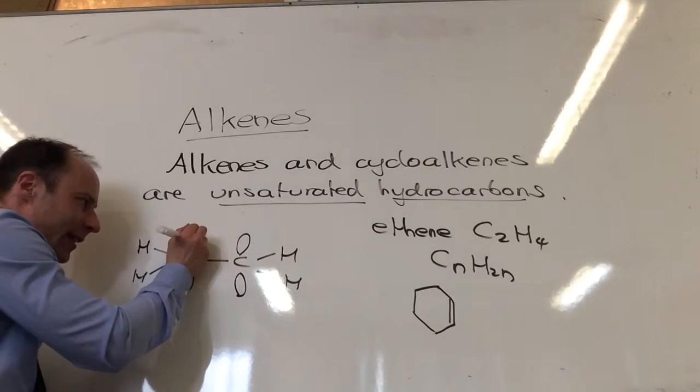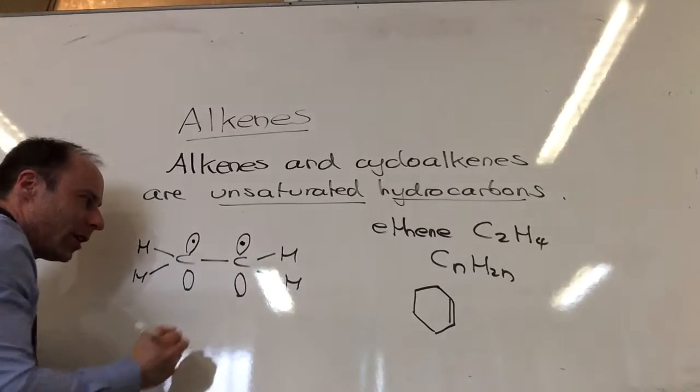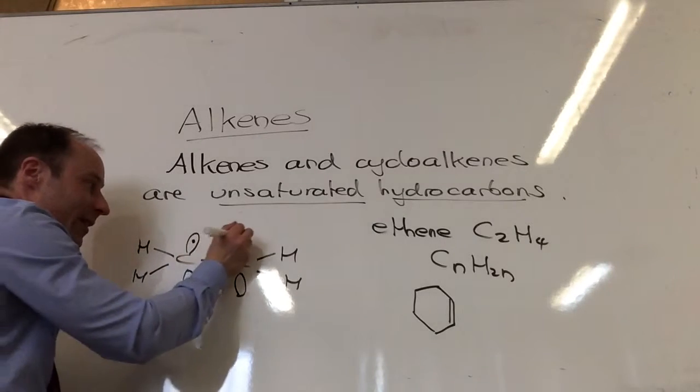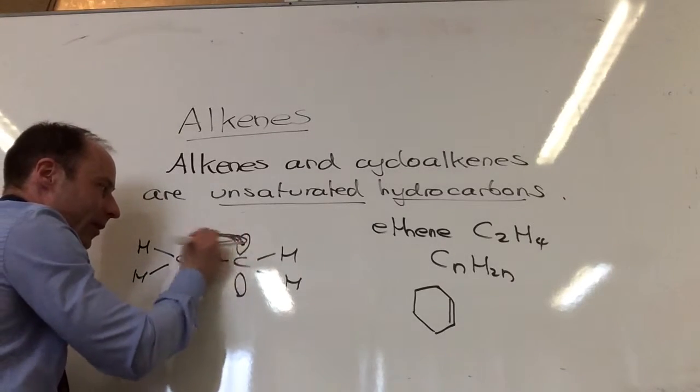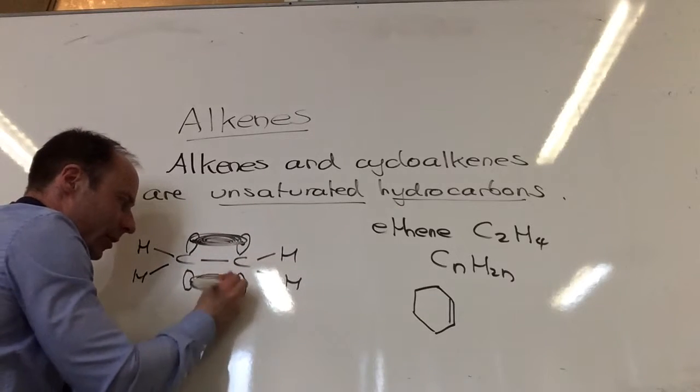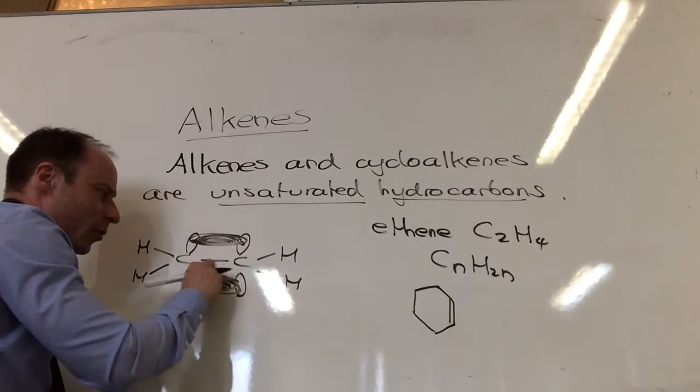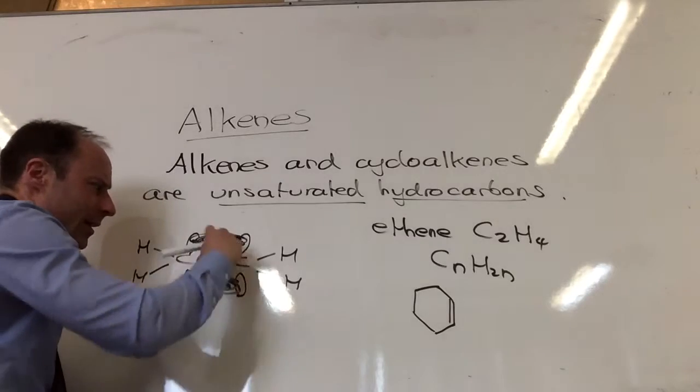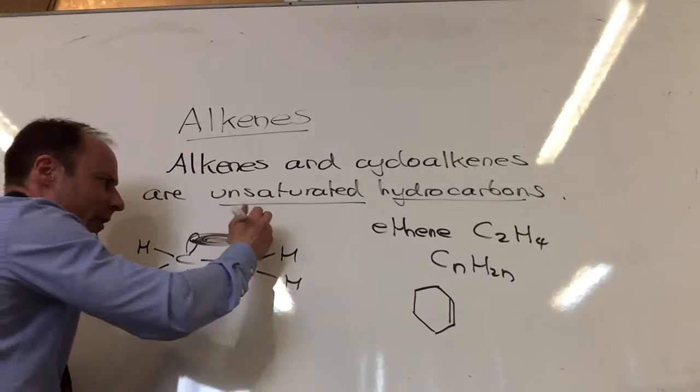There's an electron in that orbital and an electron over there. So what they do is these two overlap above and below the carbon-carbon single bond, this sigma bond, to give you this double bond here.